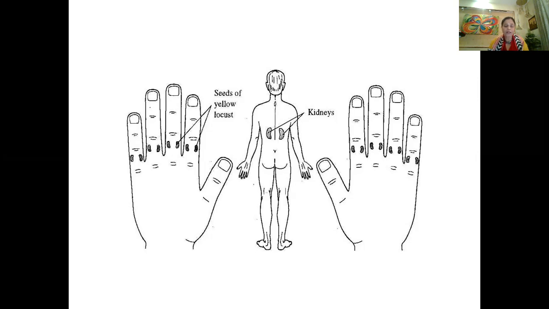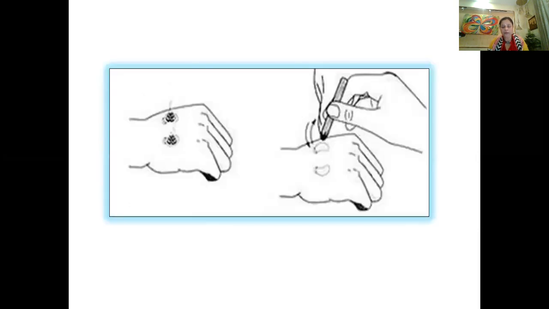So one by one, you can check all points and choose the finger as per the painful point. Now we have many diseases, but in all diseases, especially in chronic diseases, it is very good to do moxa therapy on kidney points, and then you can fix the seeds.